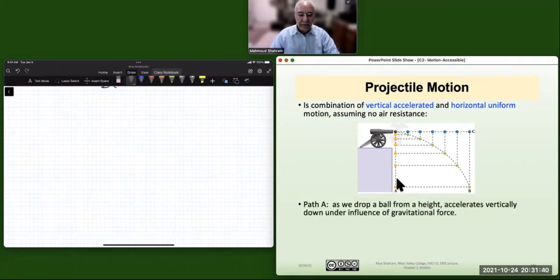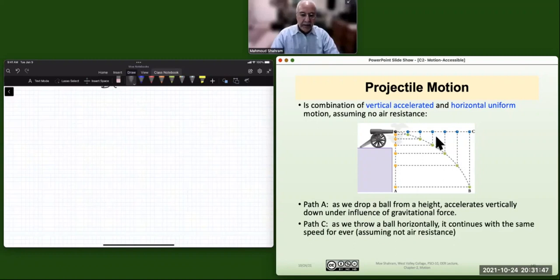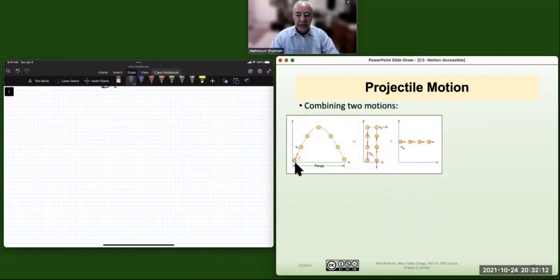The path of A is just due to the acceleration of gravity that comes down vertically. The path of C is horizontal, uniform, and B is a combination of the two. You can decompose the projectile motion into two separate motions. One motion goes up and down.